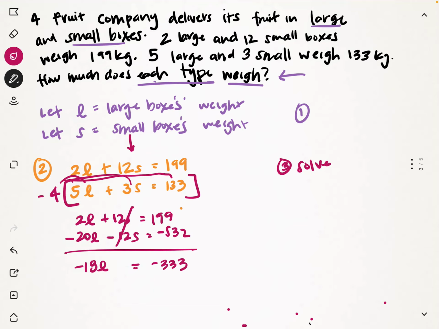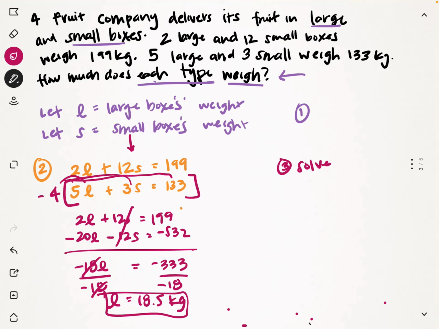I don't know if this is going to come out nicely, but let's go ahead and do this. Divide by negative 18. The large box is going to be 18.5 kilograms. Remember, we have to find the large and the small boxes.